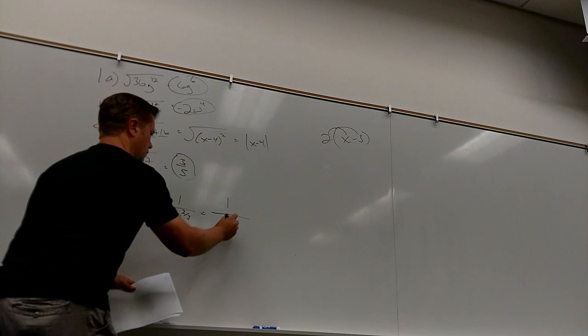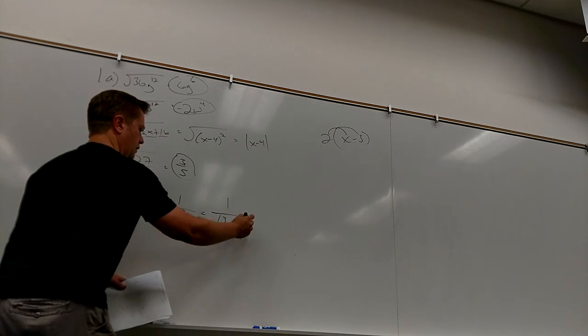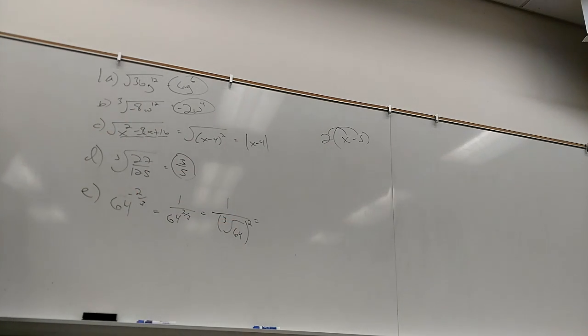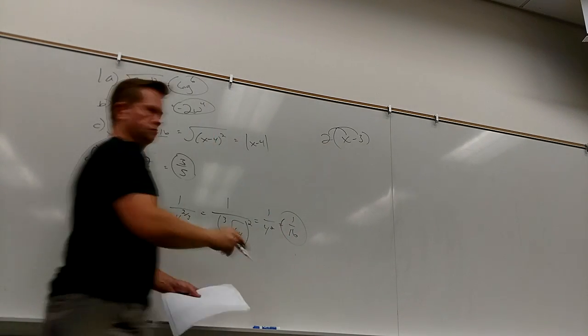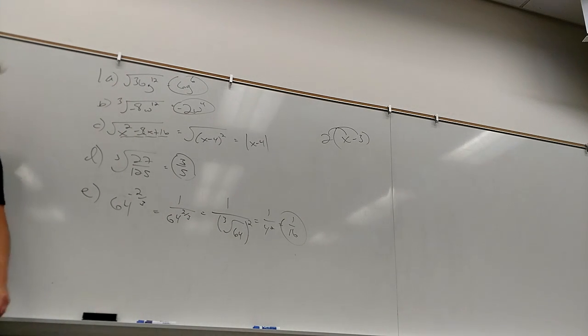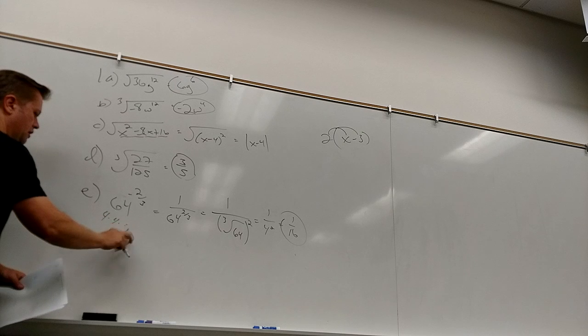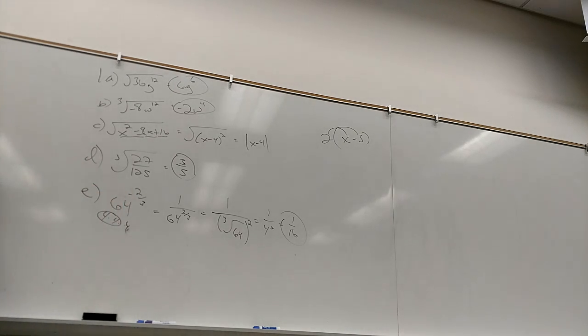So the cube root of 64 squared. I'm going to put that, of course, on the outside because I know what the cube root of 64 is. 4. And of course, 4 squared. 16. Bam. So again, 64 is 4 times 4 times 4. I want 2 of them, and I want to flip it. 1/16.